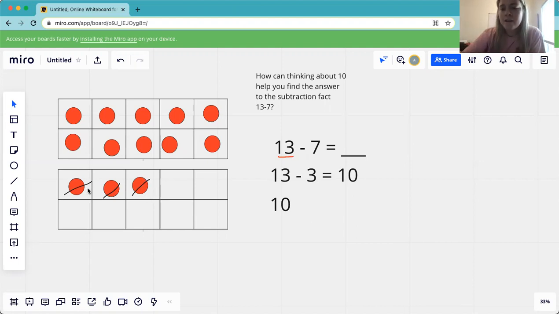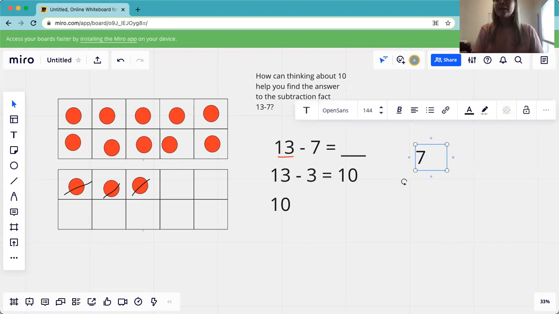I have 3 here, and I'm thinking, wait a second, 7 equals 3 plus what? Let's think. So 3, 4, 5, 6, 7. I counted 1, 2, 3, 4 more. So 3 plus 4 equals 7.